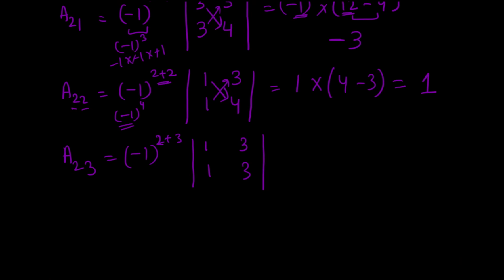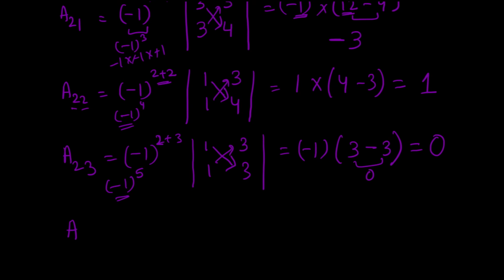And again this is minus 1 to the power 5. So that means you write minus 1 five times, and you will get minus 1, because the pairs get cancelled but you will get the other one. So 1 times 3 is 3 minus 1 times 3 is 3. So this is 0. Anything multiplied by 0 is 0.